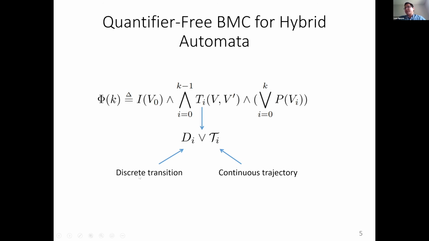It can be the discrete transition between the discrete modes, or it can be the continuous trajectory evolving within the particular mode, if it still satisfies the invariant of that mode. So it is the traditional formula for the BMC problem, and later on I will show how we can modify it in terms of the quantifier.